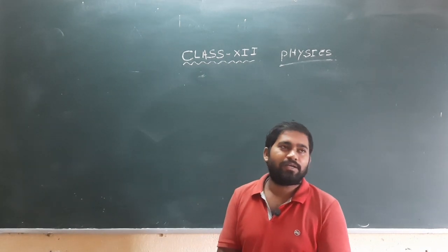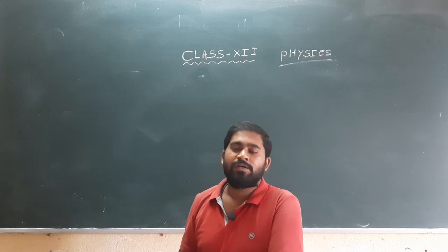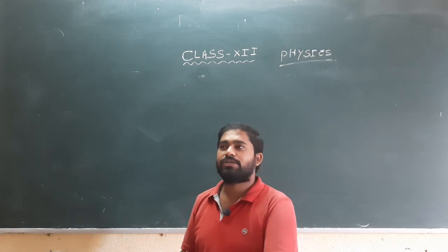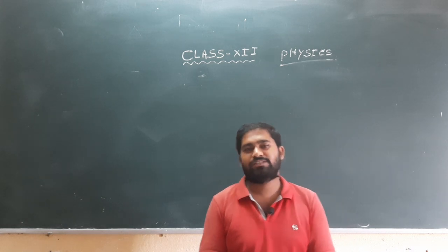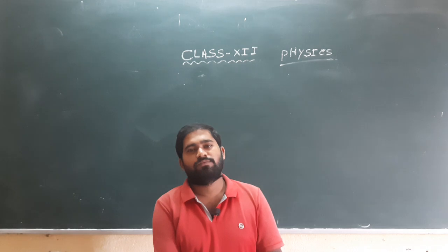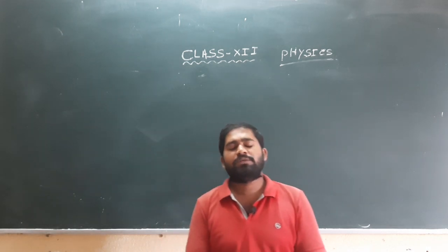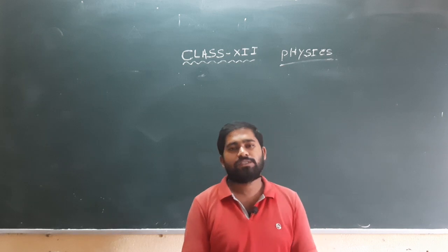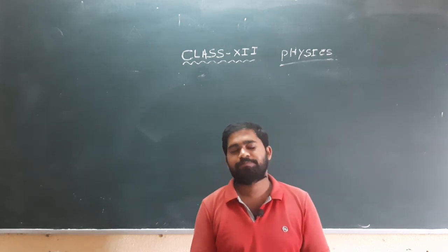Generally there are two types of charges that exist in nature, one is positive and another one is negative. This positive and negative nature was first named by Benjamin Franklin.